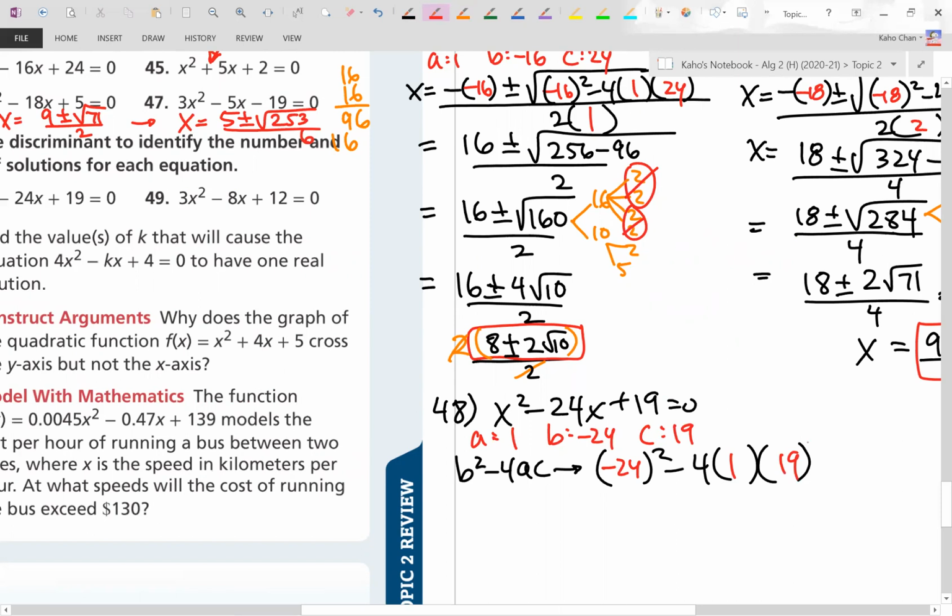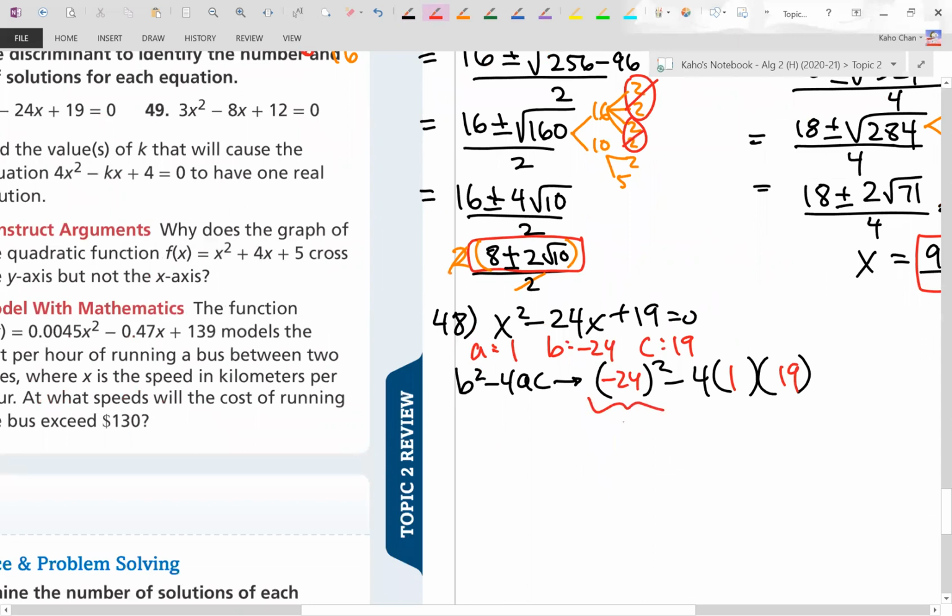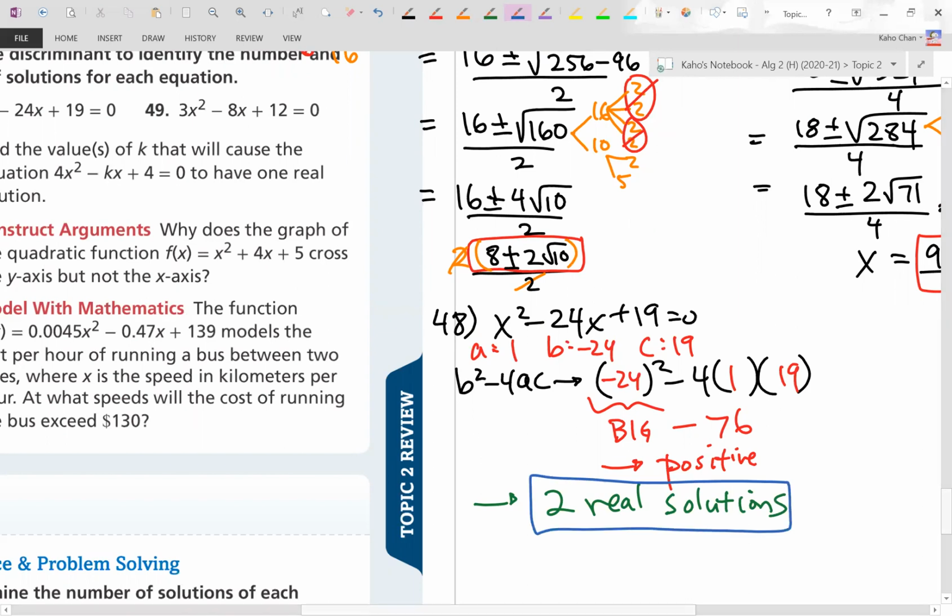A lot of times you don't have to actually do the problem. 24 times 24 is kind of a big number, minus a semi-big number. This is going to be a positive answer, and because it's positive, I will get 2 real solutions. That's all I care about. They don't want the actual solutions. They want to know how many you'll get, and that answer is 2 of them.